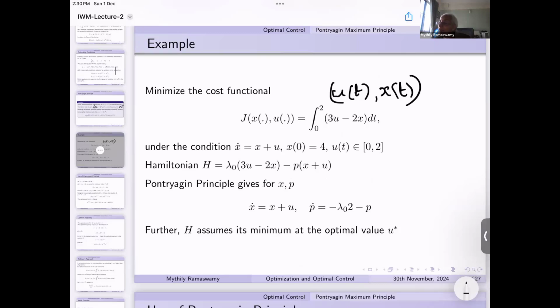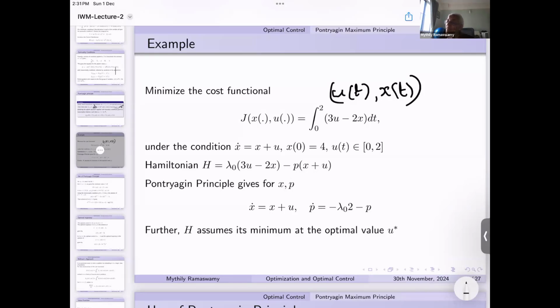So I get lambda naught into the integrand for J, which was 3u minus 2x, minus p into the dynamics x plus u. So this is my H.